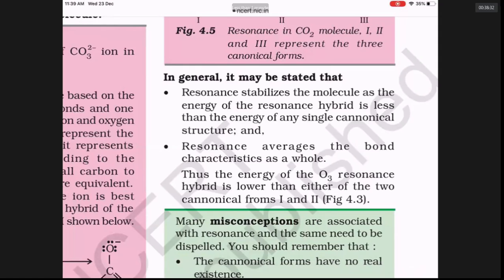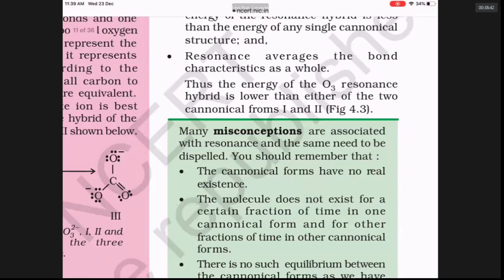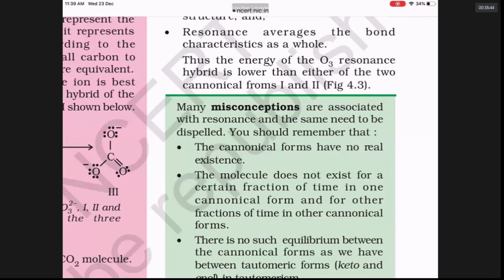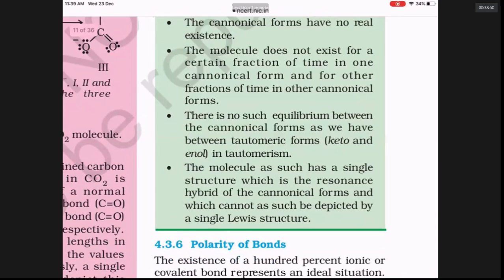The energy of the O3 resonance hybrid is lower than any individual structure you can think of. Please understand that individual canonical structures have no existence. The overall structure of the molecule is a hybrid of all the structures. Okay? Individual canonical forms do not exist.